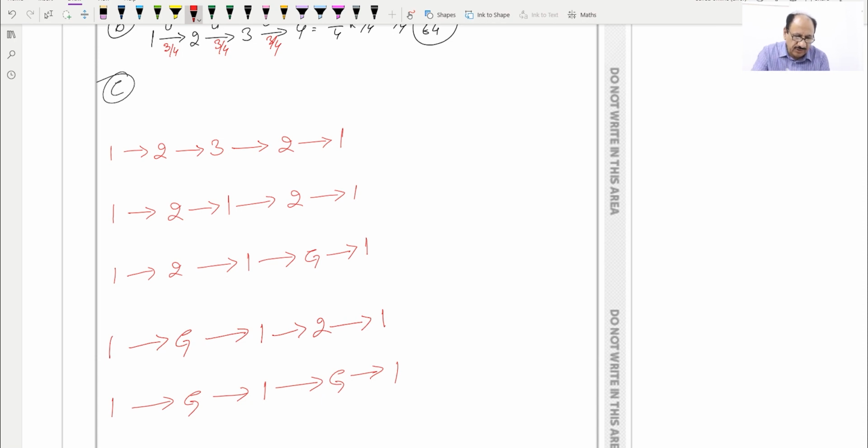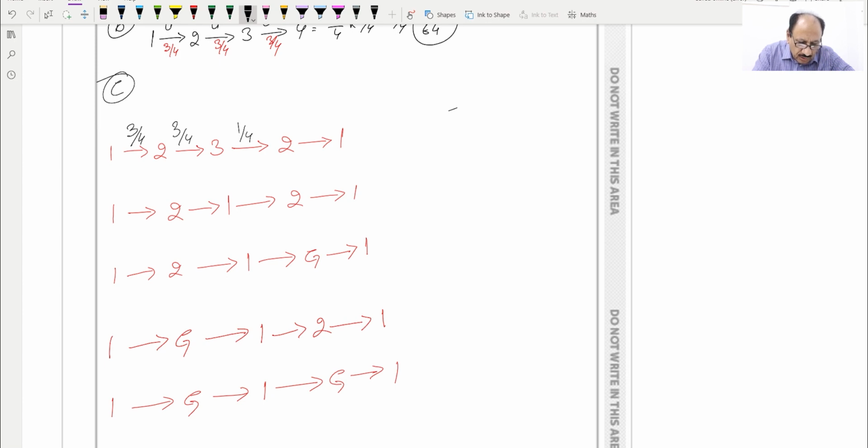So wherever it is going up, we will be taking 3 by 4, and going down we will be taking 1 by 4. I'm focusing on this one first. First to second will be 3 by 4 because going up. This one also 3 by 4 going up. This is going down, so this will be 1 by 4.